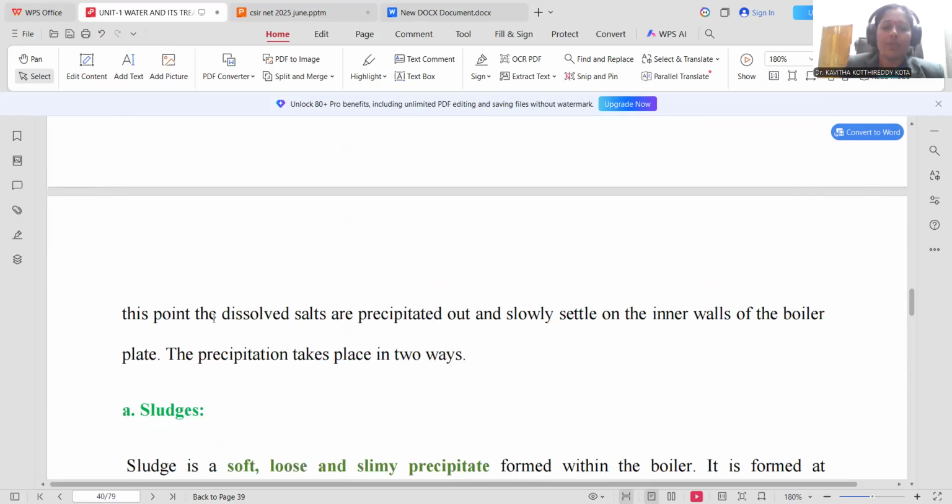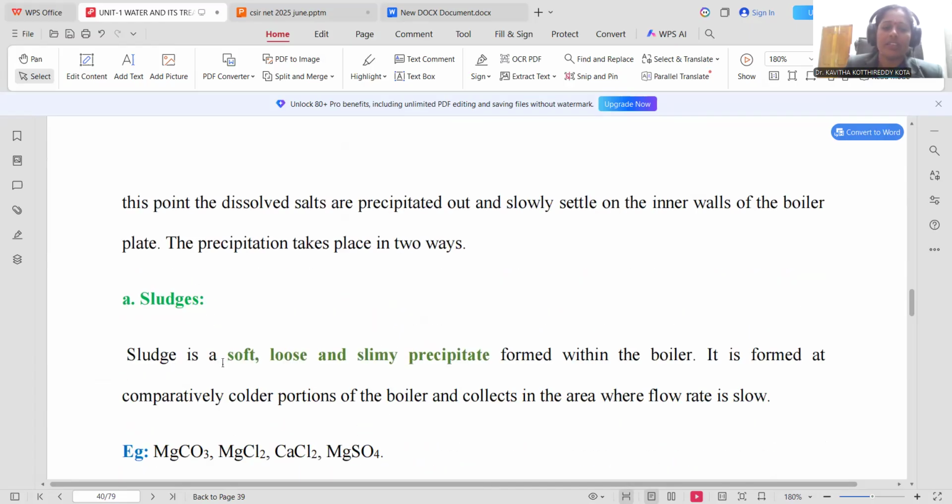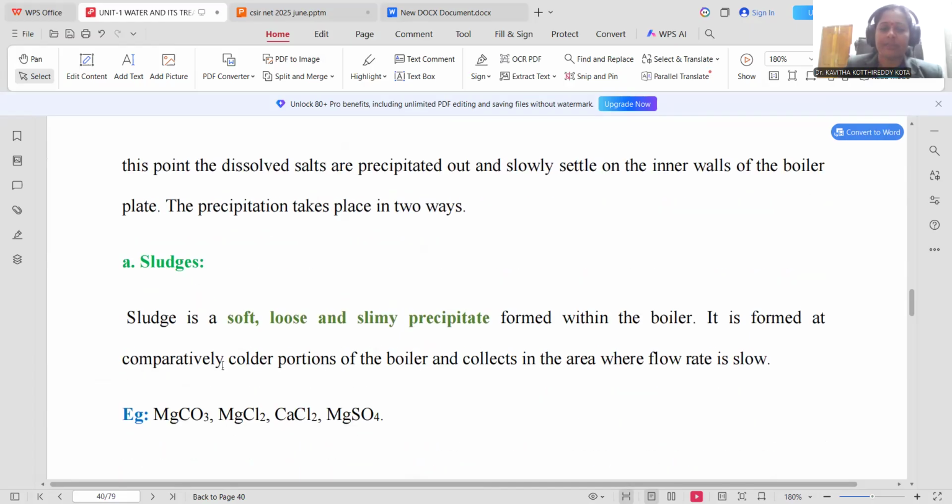At this point, dissolved salts are precipitated out and slowly settle at the inner walls of the boiler plate. The precipitation takes place in two ways. Whenever concentrated water is still subjected to the boiling process, there are two possibilities. One is precipitation at the bottom, or else on the walls of that boiler, deposition of these impurities may take place, right?